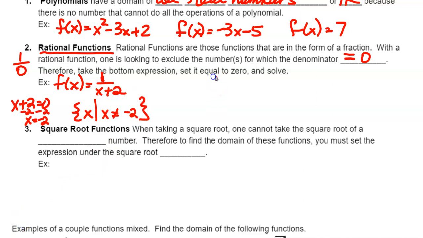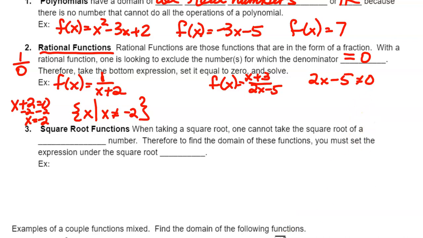Now, if I look at a function, say, where I have x plus 3 all over, say, 2x minus 5, now it is not as obvious as to what makes that denominator equal to 0. So again, here's your trick. Set 2x minus 5 equal to 0, and actually, we could go one step further and make this a not equal.